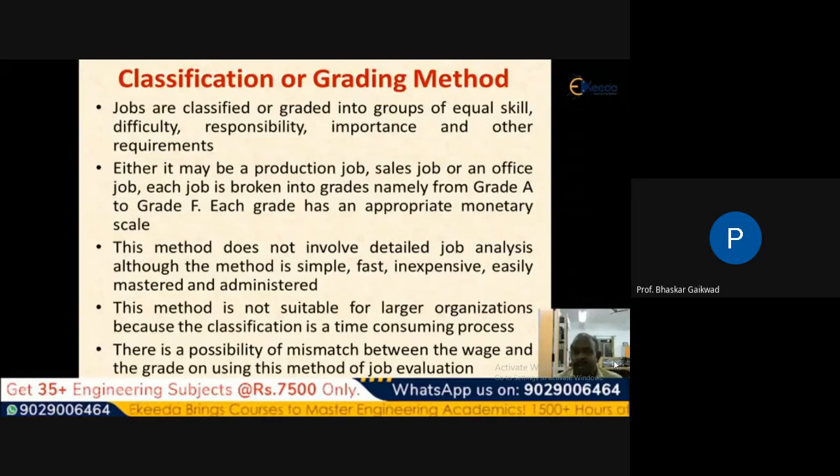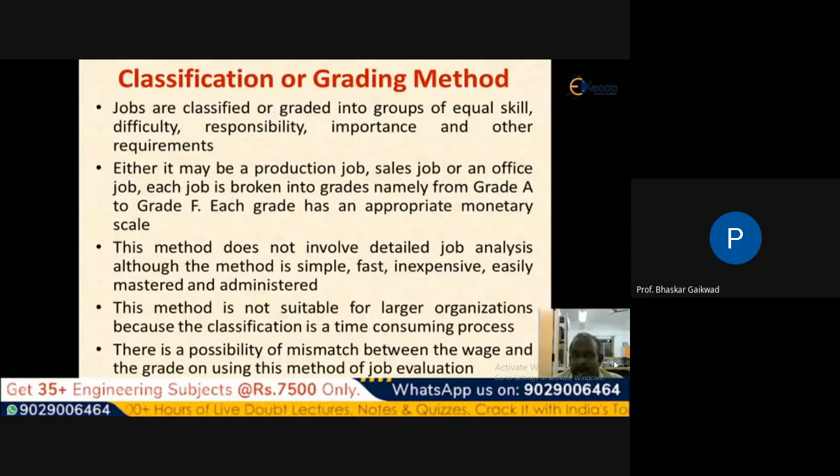So it's a simple method. Again, it's fast and inexpensive, and easily remembered. Again, it is not useful for larger organizations where many jobs are involved. Again, there is a possibility of mismatches between the jobs.